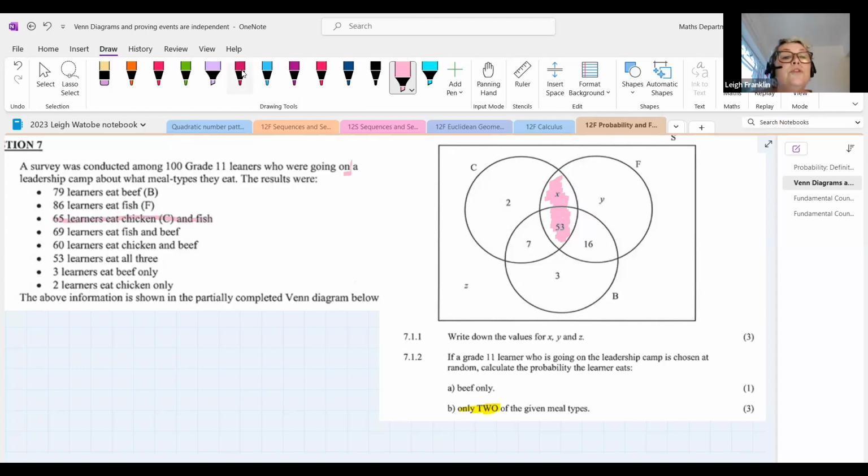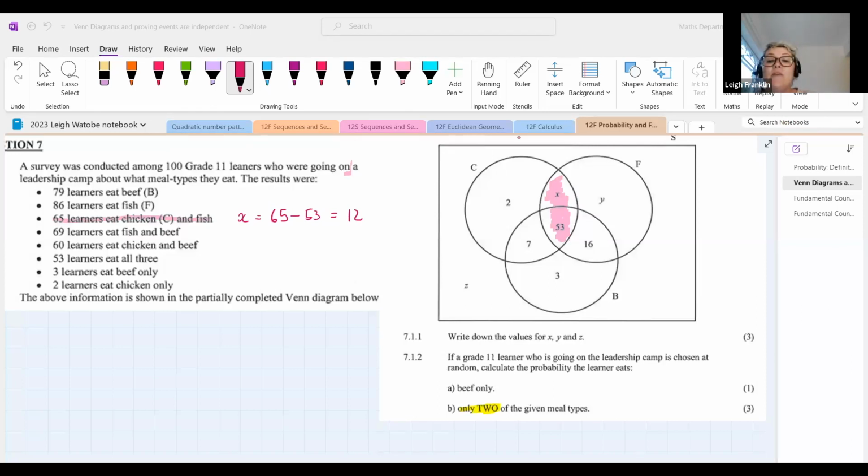So in order to work out what X is, you've got to subtract. So 65 in total minus the 53, and that's where 12 comes from. Okay, that's it, Nolwazi, quite right.